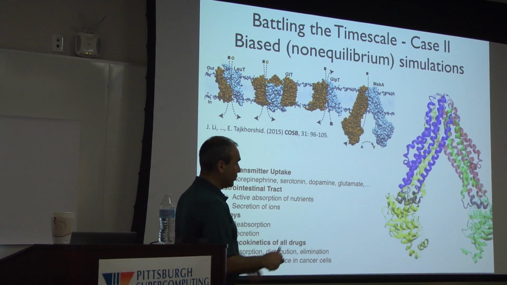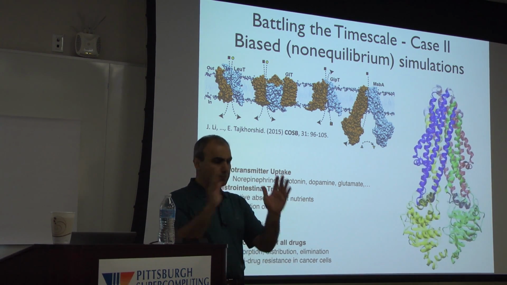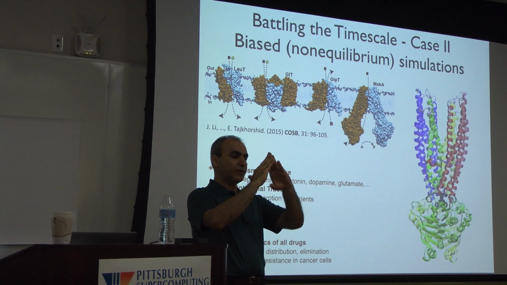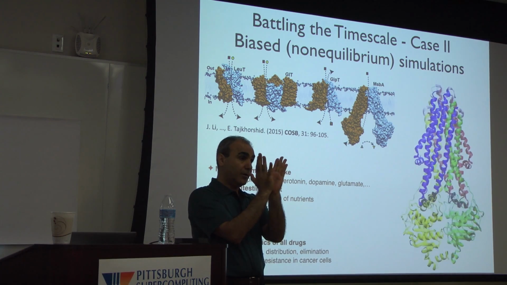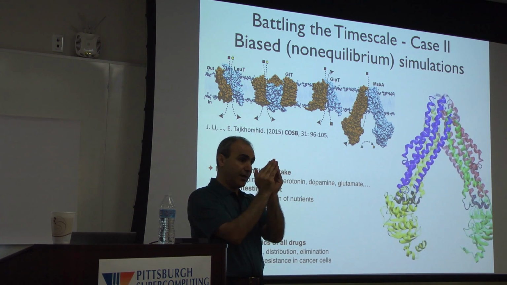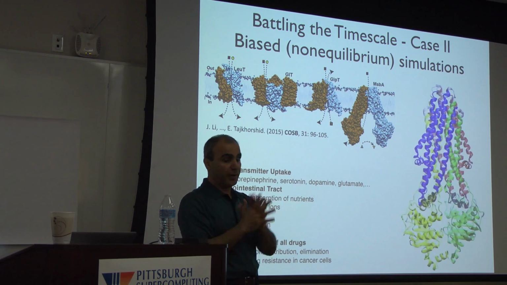So they usually have two gates. One of them is closed. You recruit the substrate from down below. You close one gate, and then you open the other one. So they have to be coordinated in a manner that both of them are not open at the same time.